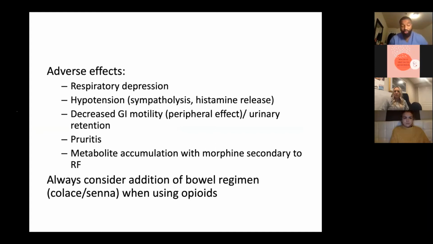A lot of people who are on opioid medication in the hospital become constipated over time. You ask them, have you had any bowel movement? And they say, no, I have not. You want to figure out what is causing this. So when a patient is on opioids, you want to put them on a bowel regimen.